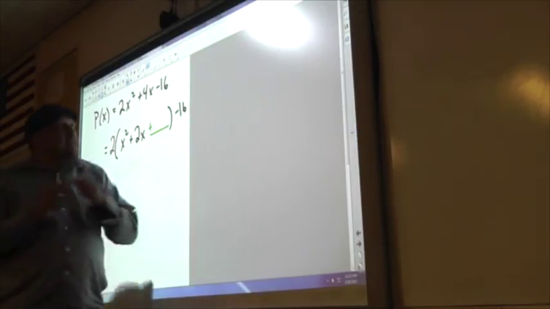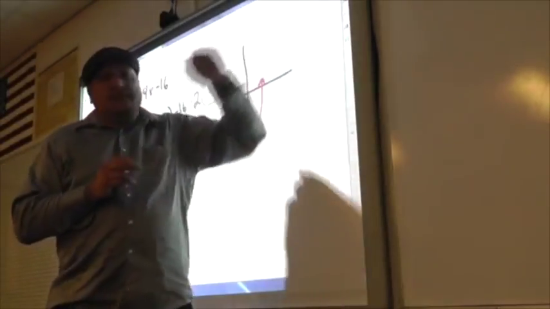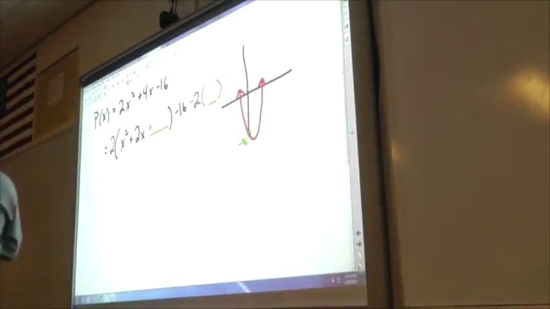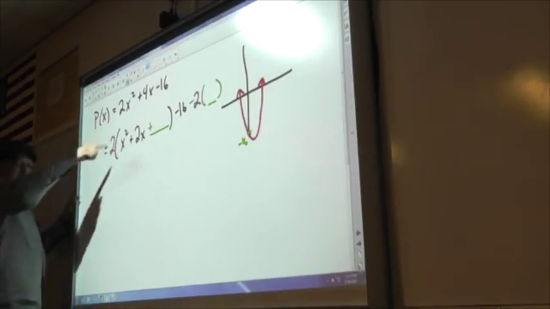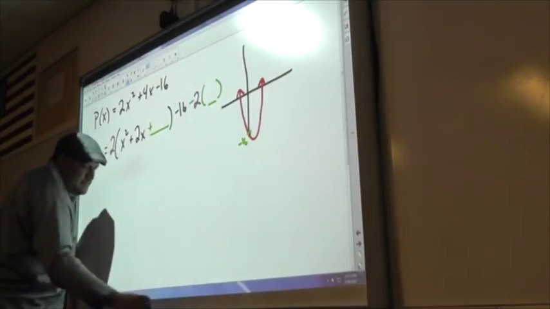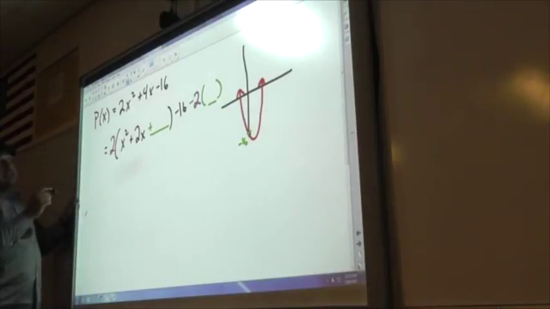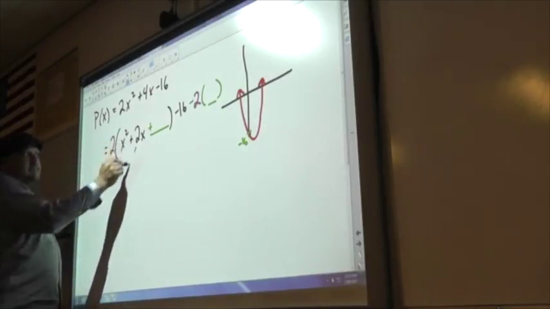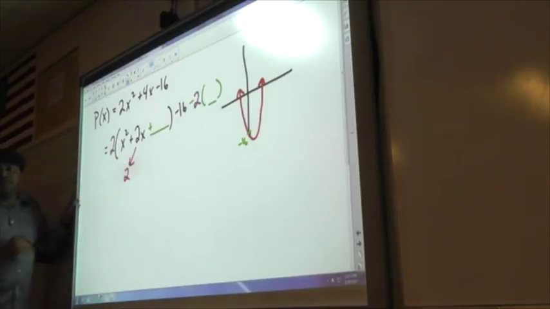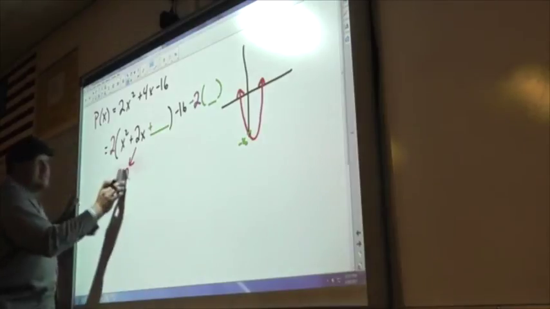All right. Now what I'm going to do is I want to complete the square. Okay? I want this to be a nice perfect square. So what I'm going to do here is I take this number in front of the x. Oops, I lied.